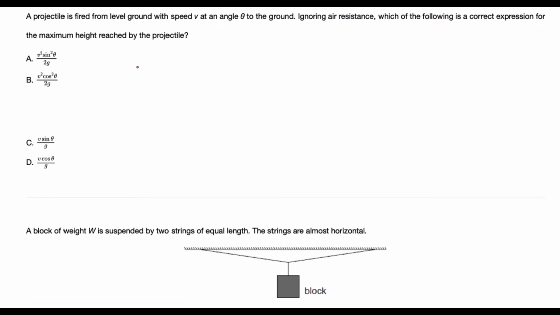A projectile is fired from level ground with speed v at an angle theta to the ground. Ignoring air resistance, which of the following is a correct expression for the maximum height reached by the projectile? A projectile motion looks something like this. Here will be the range, and here will be the maximum height.